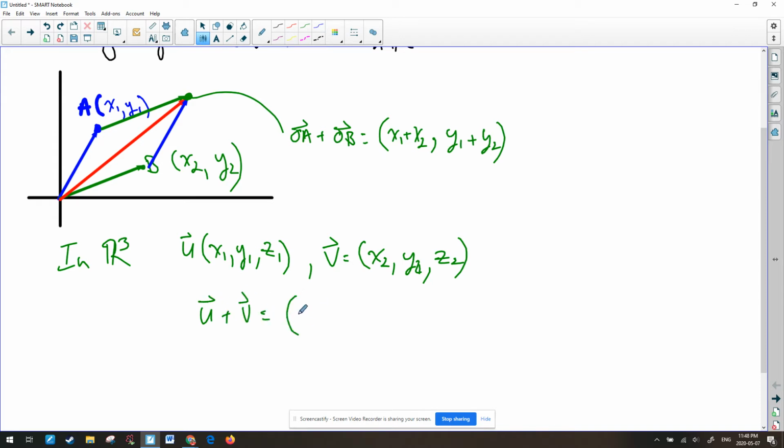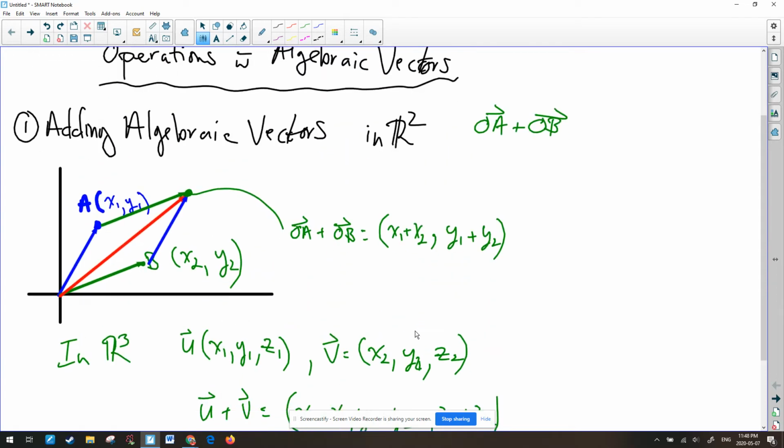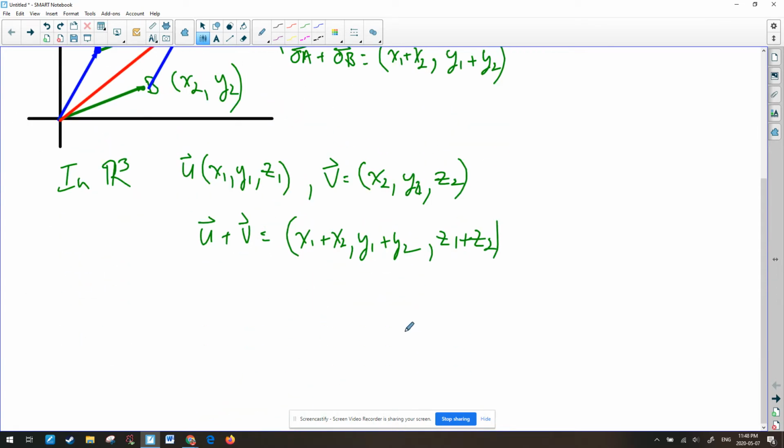Well, it's going to simply be x1 plus x2, y1 plus y2, and z1 plus z2, right? So beautifully extensible, easy peasy, nothing to it. Lovely. So there is addition of vectors in R2 and in R3.